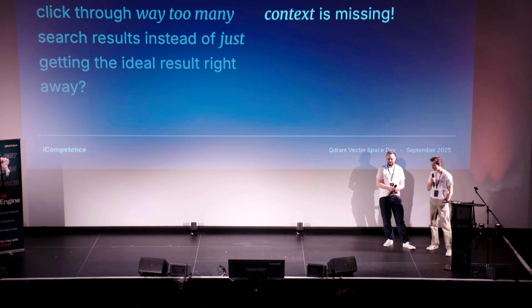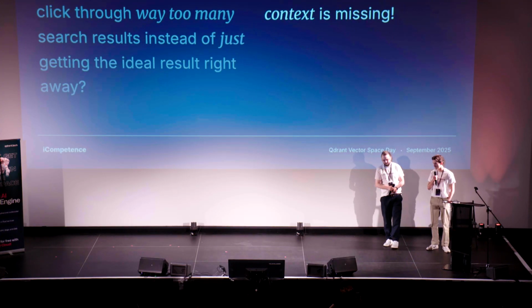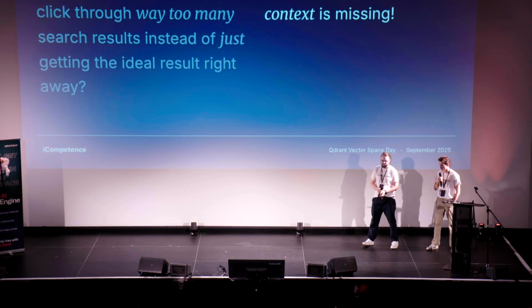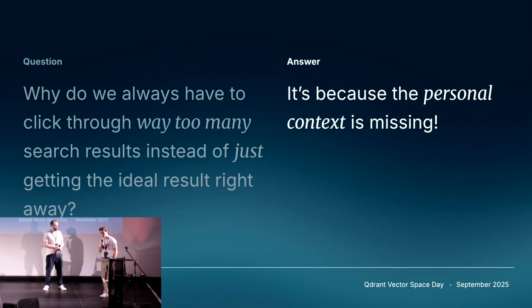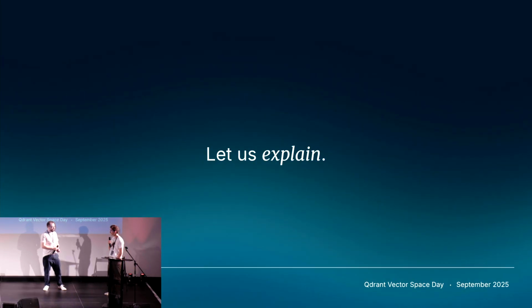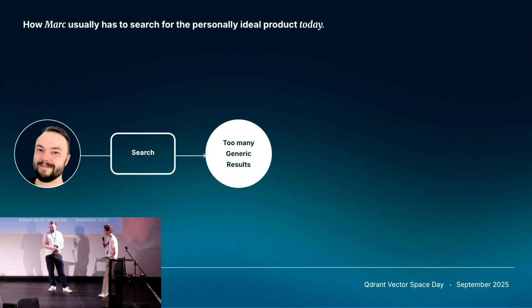Why do we always have to click through way too many search results instead of getting the ideal result right away? There is a simple answer, and that is that we're simply lacking the ability to bring our personal context to the table. So speaking about personal context, what does this exactly mean in terms of product, or especially in vector search? Mark, let us explain.